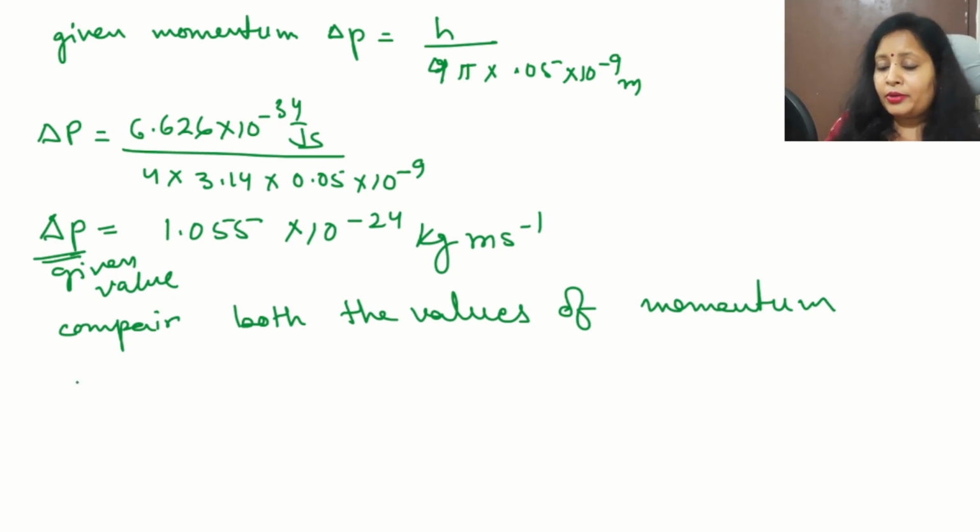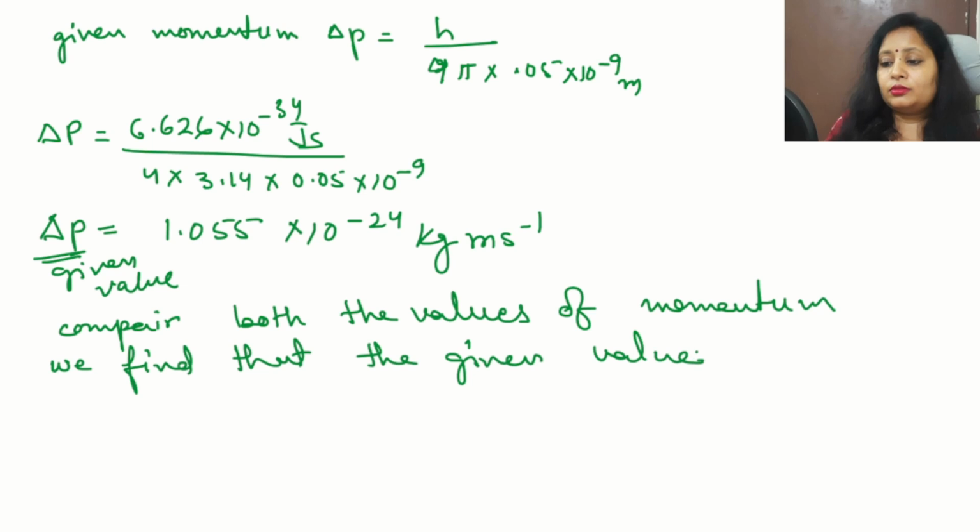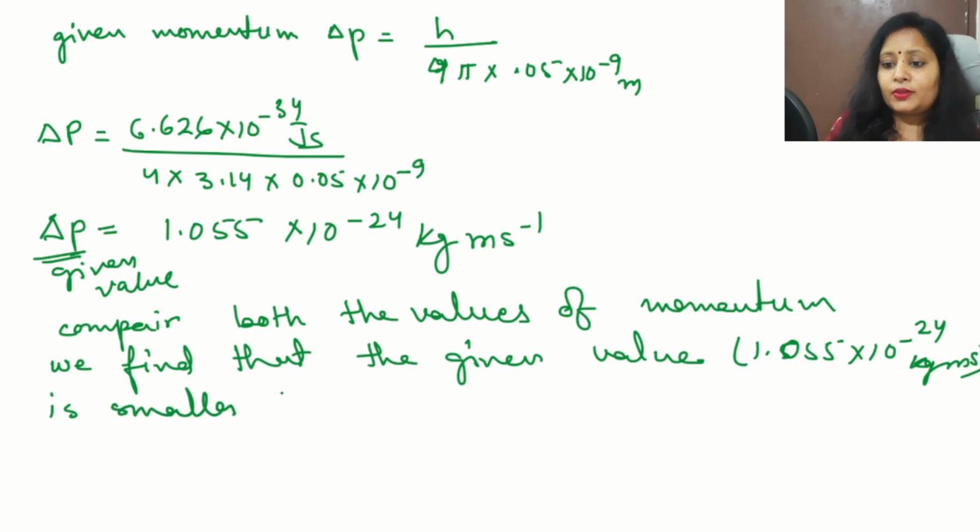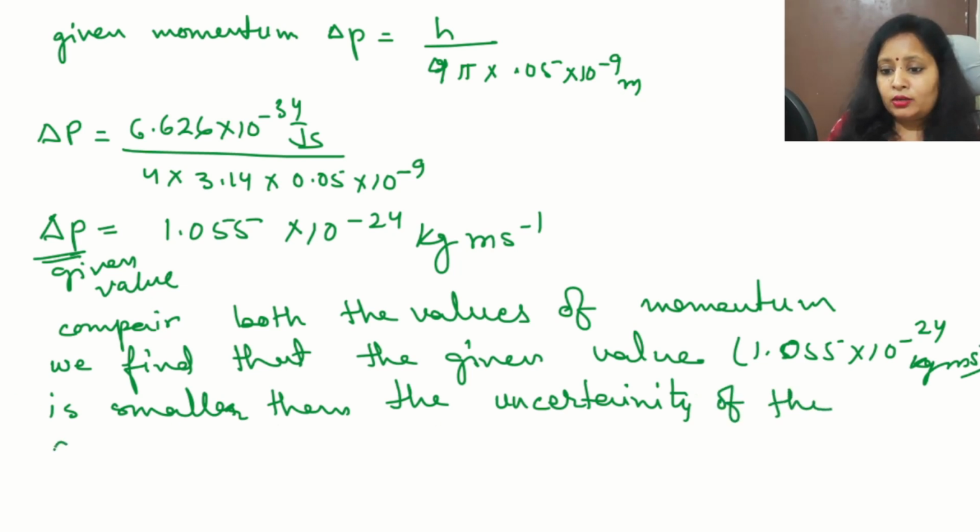So I will write: compare both the values of momentum. We find that the given value, that is 1.055 into 10 to the power minus 24 kg meter per second, is smaller than the uncertainty of the actual momentum, which is what we calculated here.